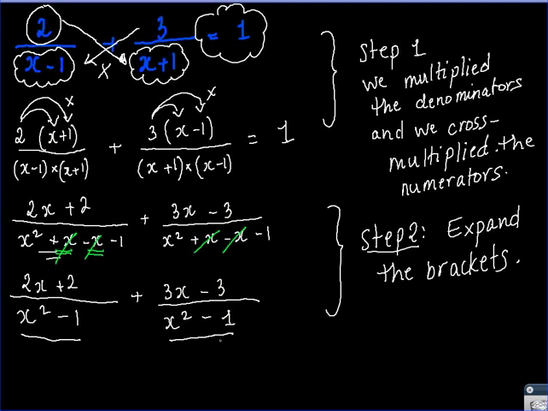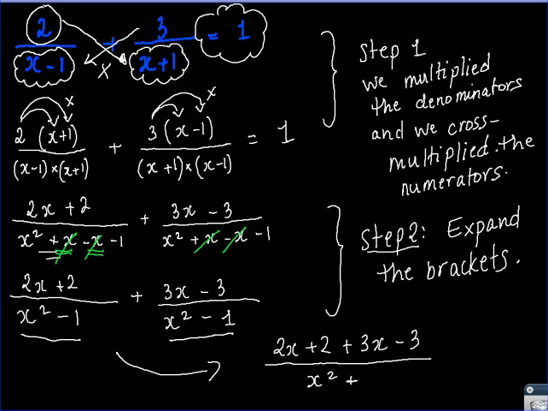So I can rewrite these two fractions as one, because I have the same denominator: 2x plus 2 plus 3x minus 3, and at the bottom, because I have the same denominators, I just need to rewrite it once: x squared minus 1.